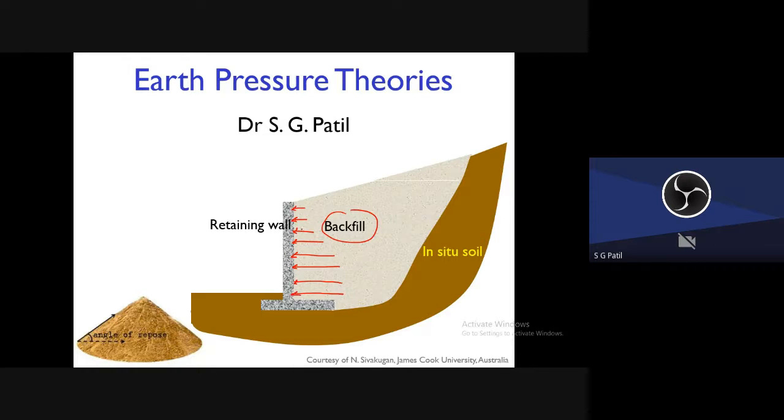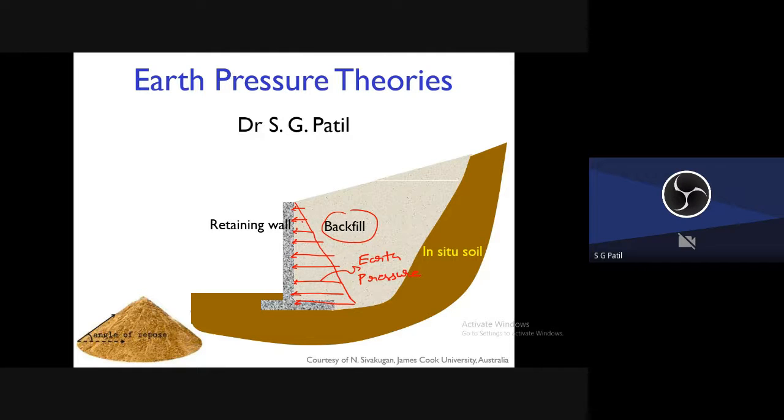Because as you go deeper and deeper inside the soil, the pressure will gradually increase. So the lateral earth pressure will gradually increase like this. This is called earth pressure.